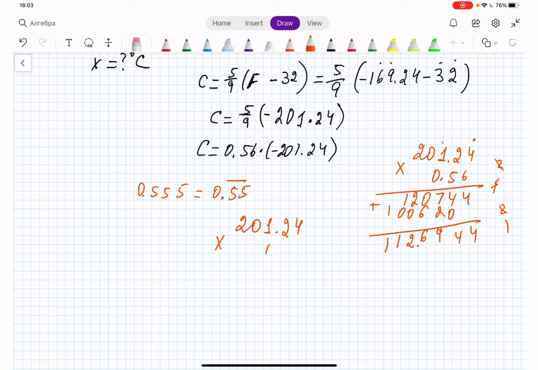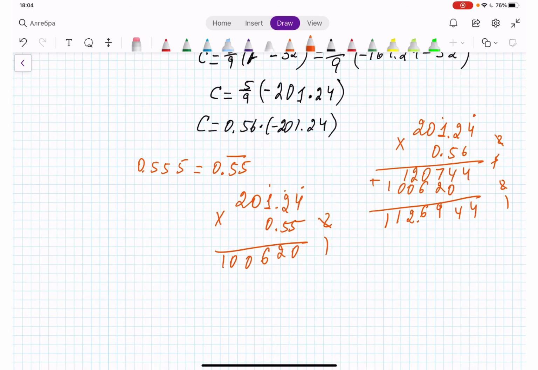Okay, 0.55. 5 times 4 is 20, 2 in mind. 5 times 2 is 10, and 2, 12. 1 in mind. Here is 5, and 1 is going to be 6. This is 0, this is 10. Since the other number is also 5, I'm just writing down the same number, 0, 2, 6, 0, 0, 1.